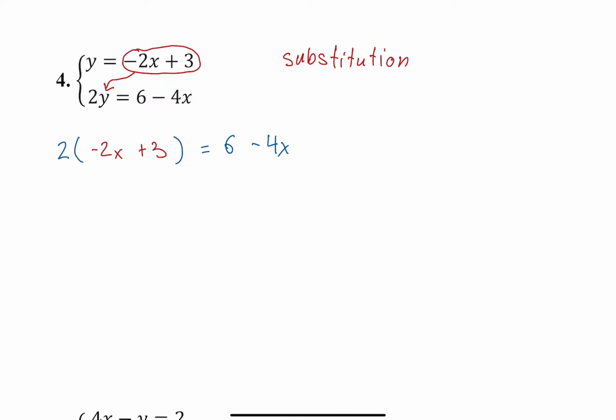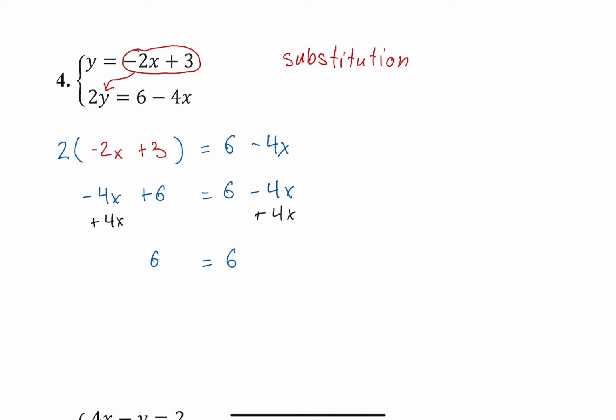From here, it's very similar to what we did last week. I'll distribute the 2 to get minus 4x plus 6, and that is equal to 6 minus 4x. And then I will add 4x to both sides. Honestly, you may even choose to subtract 6 from both sides, but notice right here, this is the scenario where we lose our variable, but we're left with a true statement. How many solutions are there here?